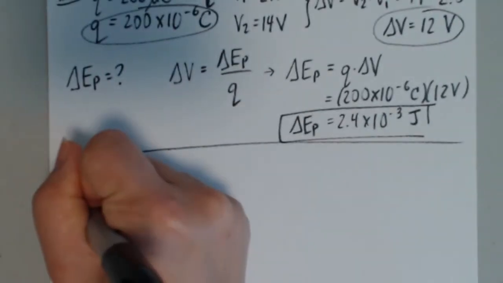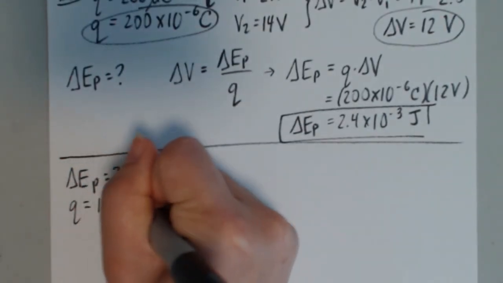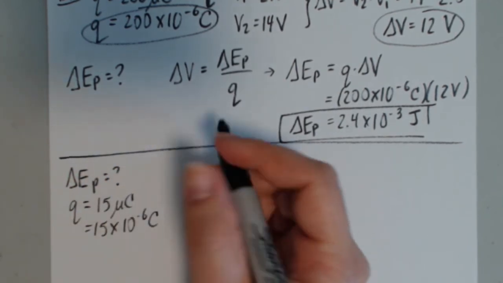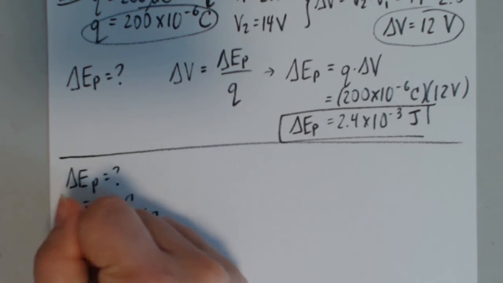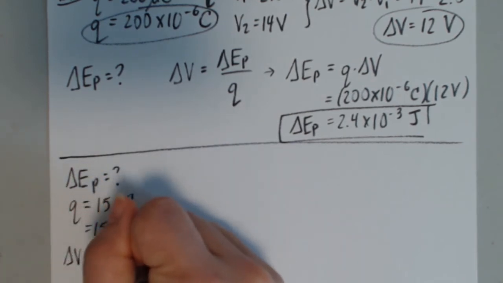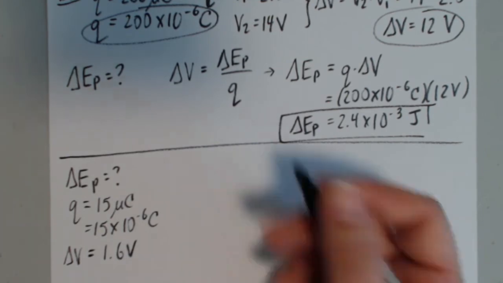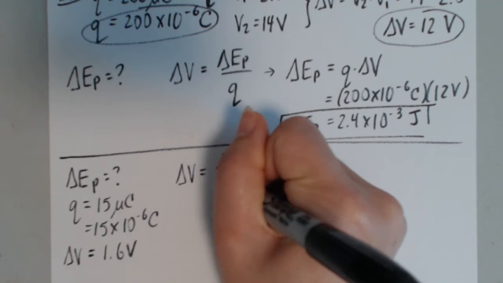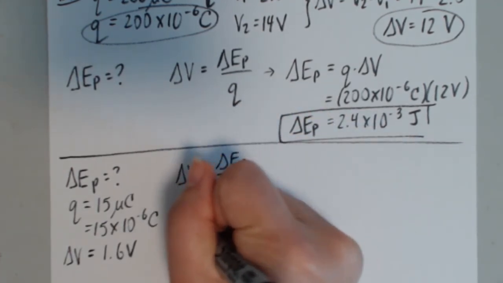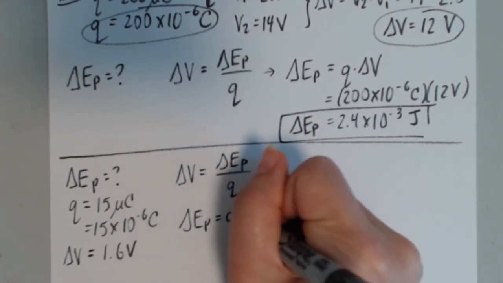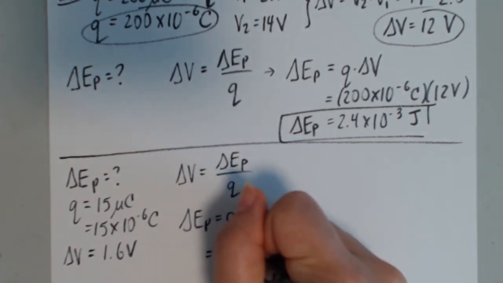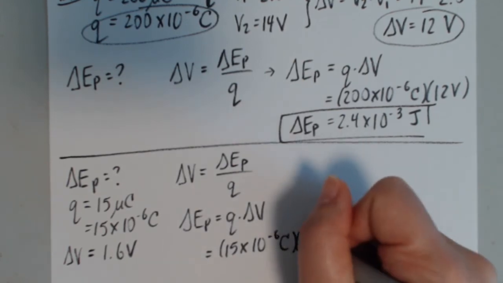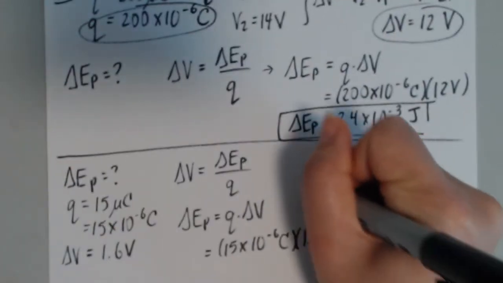Now, again, we know the charge, that's 15 microcoulombs, which is 15 times 10 to the minus 6 coulombs. And we know that the potential difference, or the voltage of the battery, is 1.6 volts. So once again, we're using this formula: delta V equals delta EP over Q. So rearranging that for delta EP, that's Q delta V. So that's 15 times 10 to the minus 6 coulombs, again, that's the SI unit for charge, times 1.6 volts.